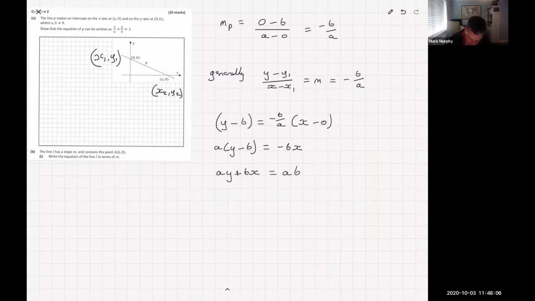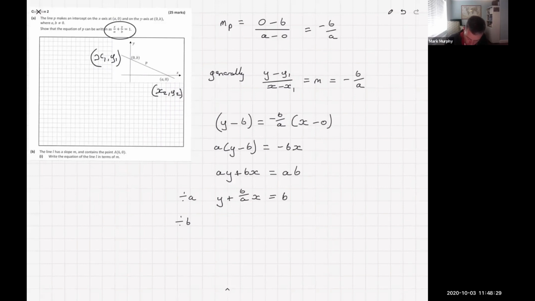Now, let's divide by a. Look, we're trying to get this, that's what we're trying to get. So let's divide across by a, so we get y plus b over a x is equal to b. Okay, now let's divide by b. I'll write it out the way they have it.